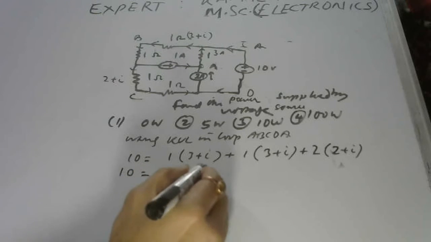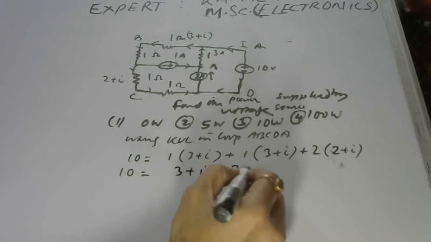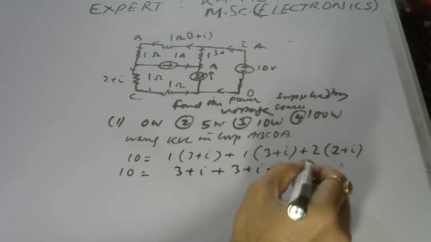This is 3 plus I plus 3 plus I plus 4 plus 2I.